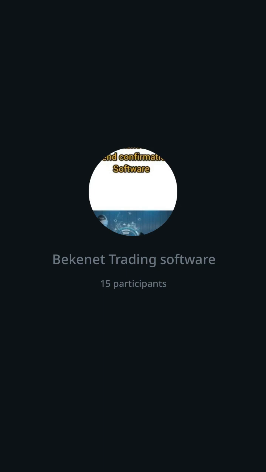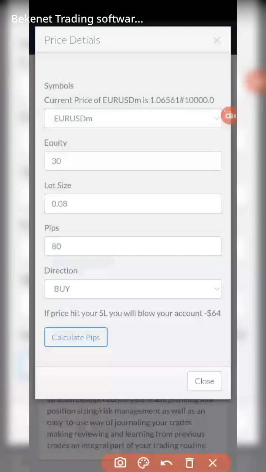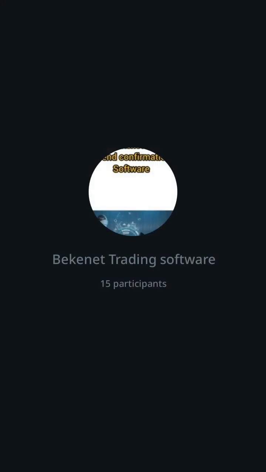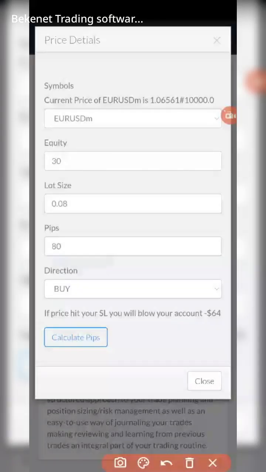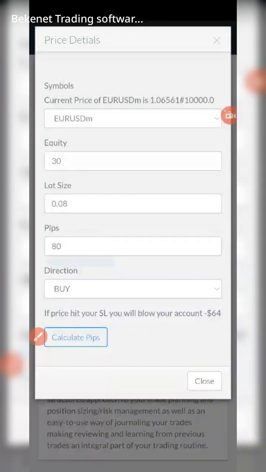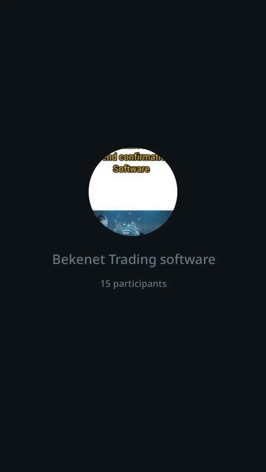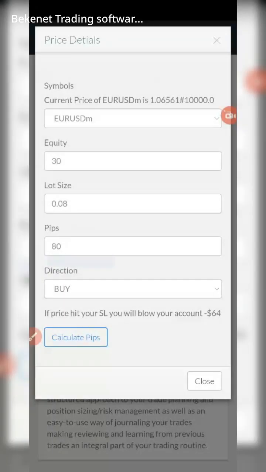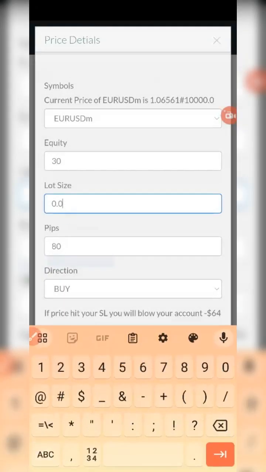But this calculator, I hope it will give me the figures, so I can input it. Okay, with that, the price. Yes, I understand. It will give you the figures. Look at it now. Let's go back. Even on MT5, if you know how to use your MT5, you'll be able to calculate your pip.